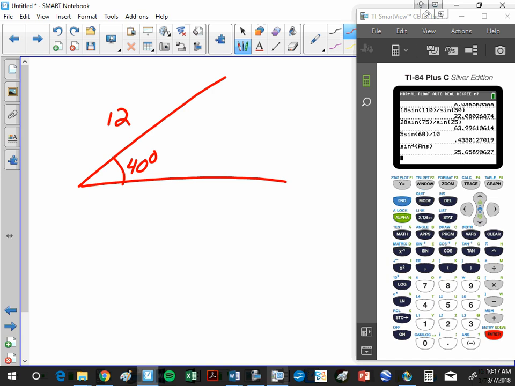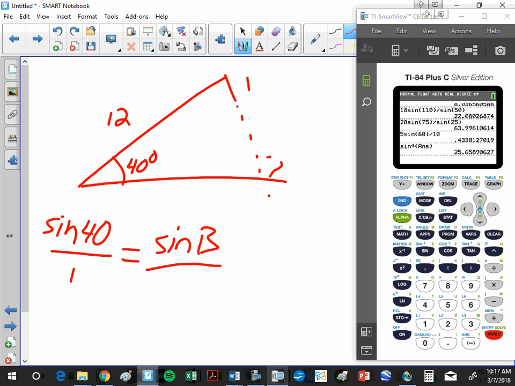Not necessarily. If it was 11, it probably hits twice. So something really small. 1 or 2. So let's put a 1. Okay? The sine of 40 over 1 is equal to sine of whatever angle this would be, even though it doesn't exist, b, over 12.